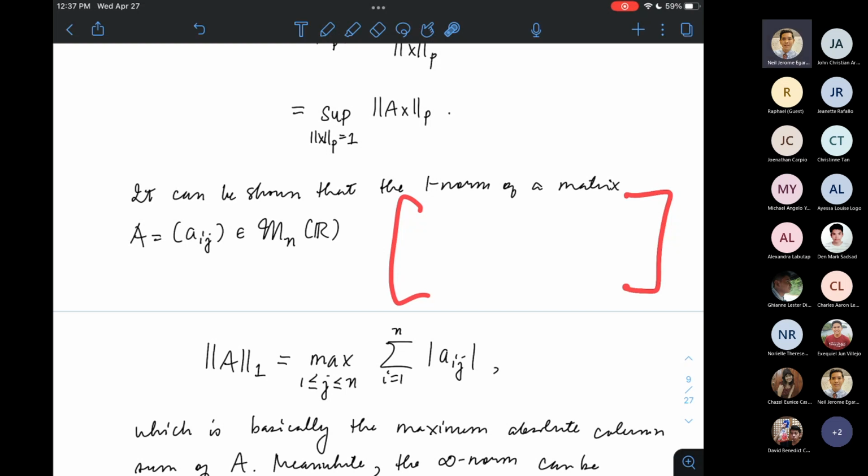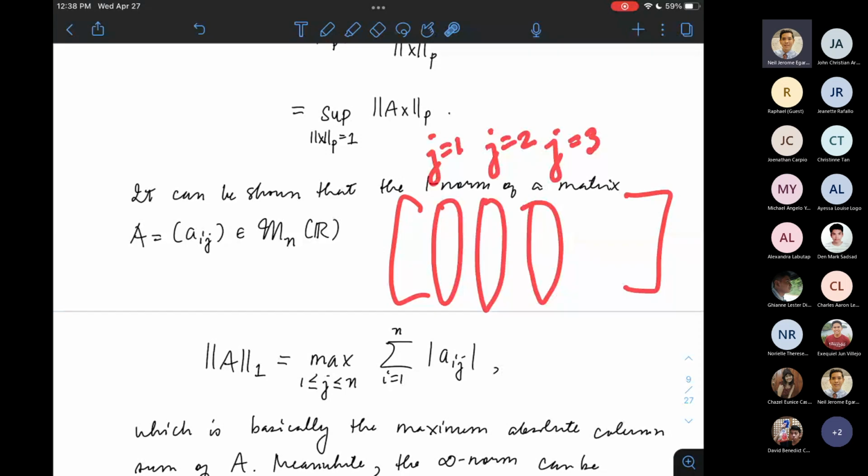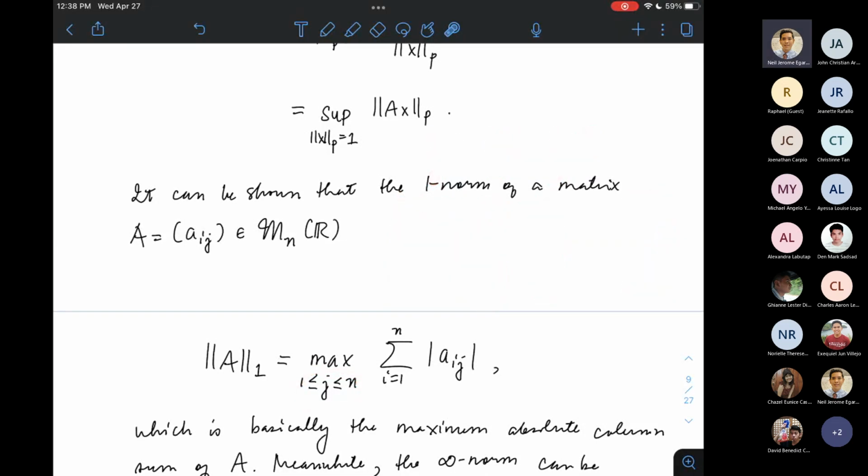Tapos, fix si j, we're taking the maximum over all j's starting from 1 to n. So, ibig sabihin, kukunin ko yung pinakamalaking column sum. Actually, not just the column sum, pero yung pinakamalaking absolute column sum. Kunin yung absolute value ng lahat ng entries, kunin niyo yung sum sa bawat columns, yung pinakamalaking column sum, yun yung one norm ng matrix A.